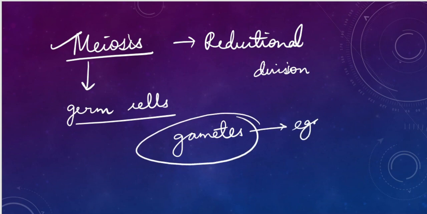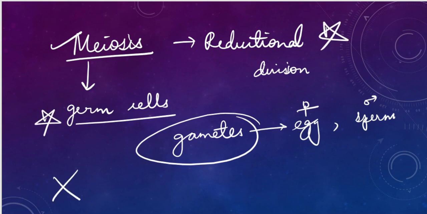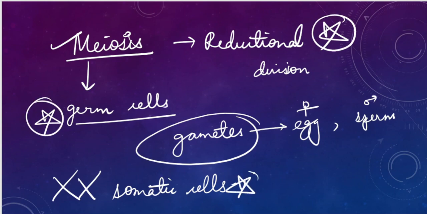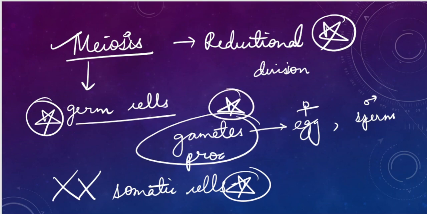Gametes means egg in female, sperm in male. This gets formed. So this is important, and there is no division in somatic cells. Meiosis never occurs in somatic cells. Okay, so these are the important points I have marked here. You should know all the important points. They participate in gametes production.